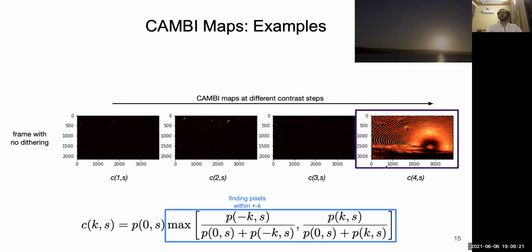In this case, we are working with a frame which doesn't have any dithering, and the warmer colors indicate a higher banding confidence. So you can see that in C4S, you get lots of these bands which correspond to the bands which were present in the original scene. But you don't get much in the perceived contrast steps which are below 4. And that's happening because we are looking at a frame with explicitly no dithering, and hence all these steps in 8-bit are converted to 10-bit in steps of 4.